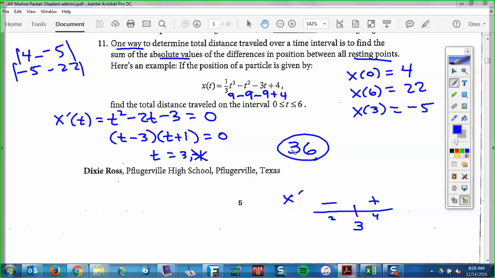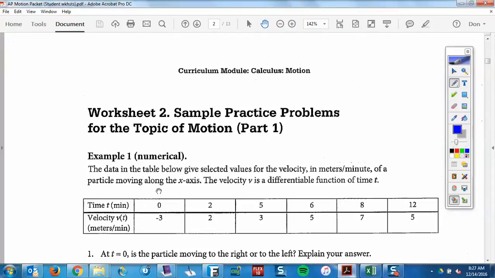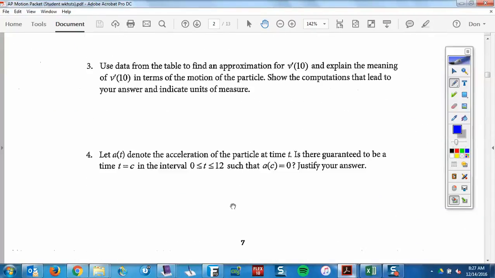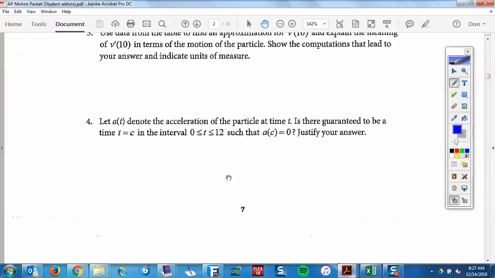So that would be it, okay? So that's what it means by the absolute values of the differences in position between the resting points, okay? There's another one of those scenarios on another page. Then they get into some with tables, but I want to move on. We may take a little time tomorrow.